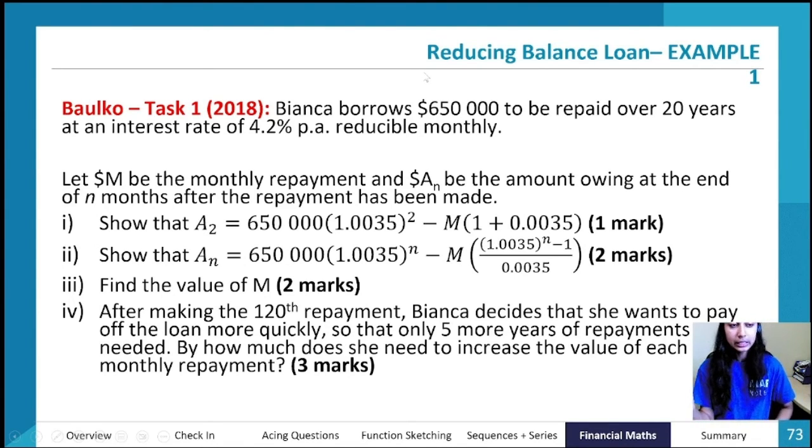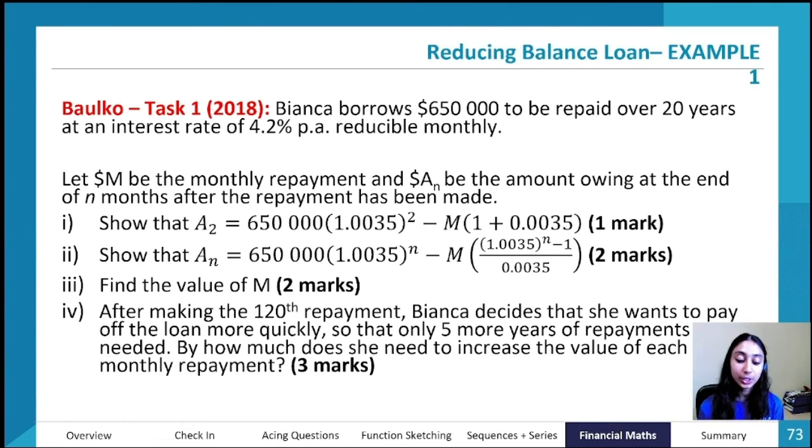So Bianca borrows $650,000 to be repaid over 20 years at an interest rate of 4.2% per annum, reducible monthly. Let M dollars be the monthly repayment and A_N be the amount owing at the end of the n months after the repayment has been made.